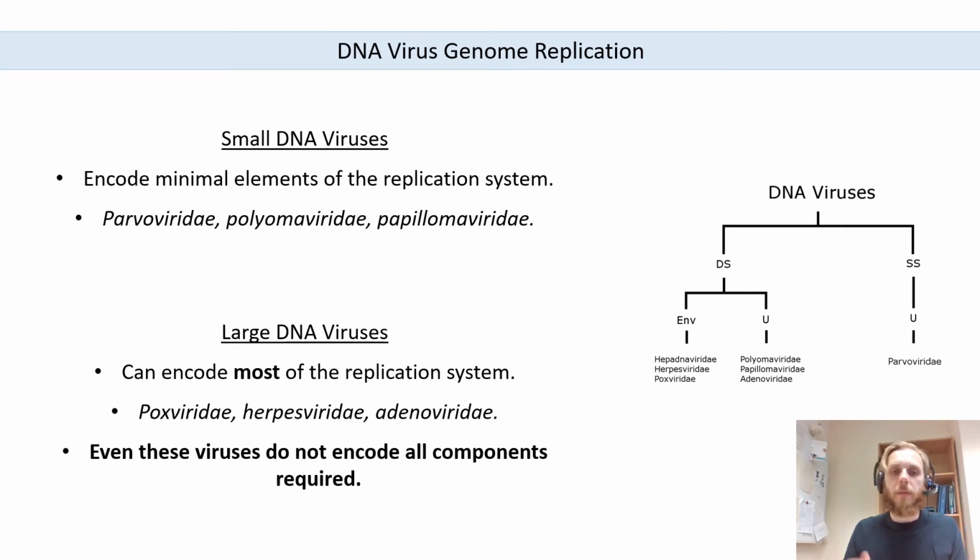The reason I'm emphasizing the fact that even the large DNA viruses require some element of the host genome replication machinery, so they require at least one of the enzymes that is used by the host, is because we know that viruses, all viruses, are obligate parasites, and that means they have to infect a cell.